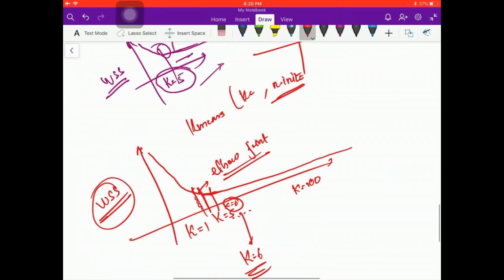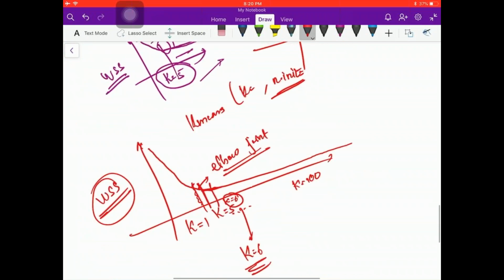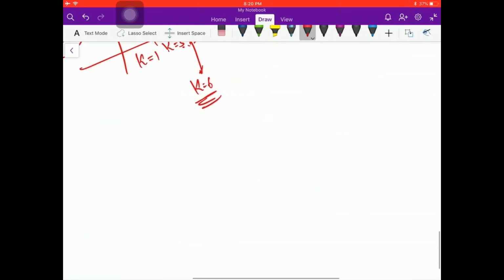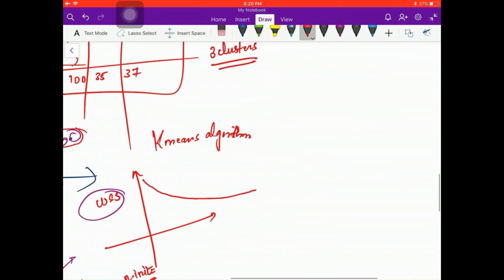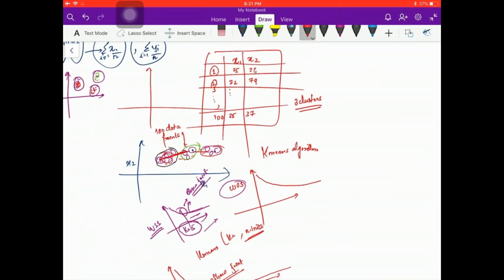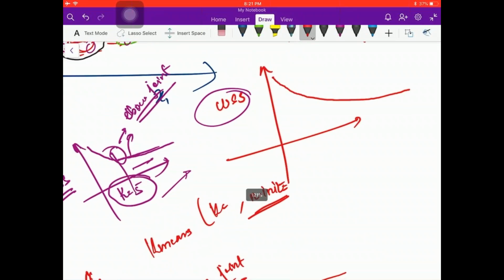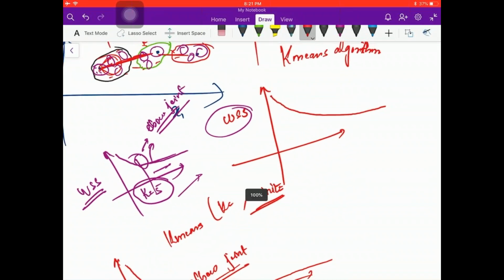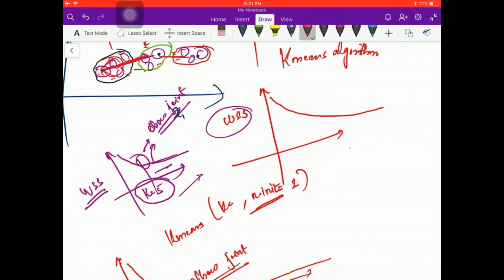So n init: if n init is equal to 1, then just one time it will assign the random clusters and start. But if n init equals 10, then 10 times it will assign and then take a mean.